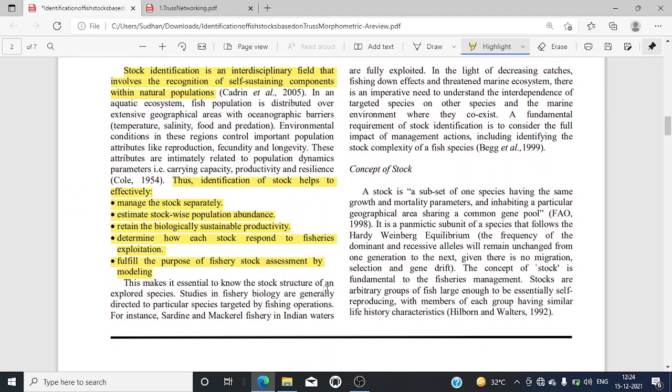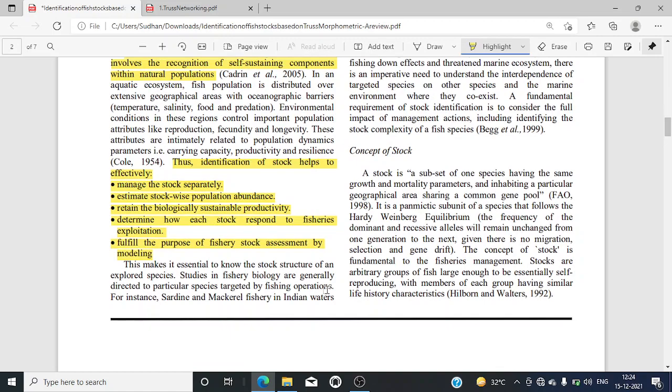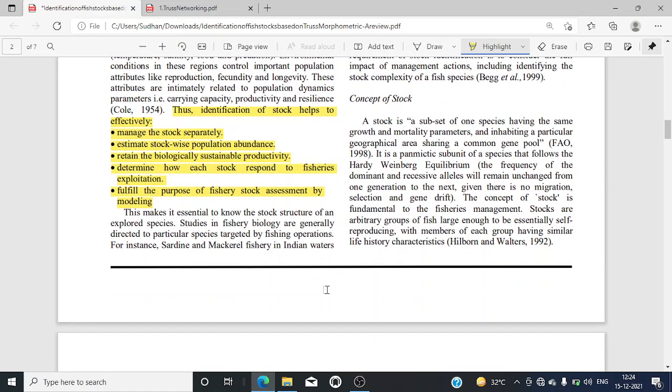Here the stock identification helps us to effectively manage the stock separately, estimate stock-wise population abundance, retain biologically sustainable productivity, determine how each stock corresponds to the fisheries exploitation, and fulfill the purpose of fishery stock assessment by modeling.